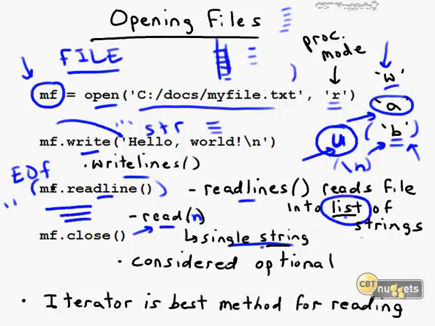I hope you're clear now on the ways we use the read functions and the write functions. Officially, if you want to be letter of the law, you should close your file handle when you're finished. This is considered optional by many sources in the Python documentation.